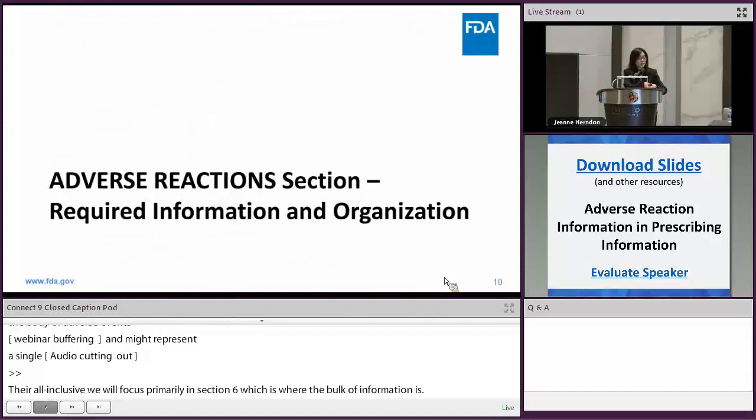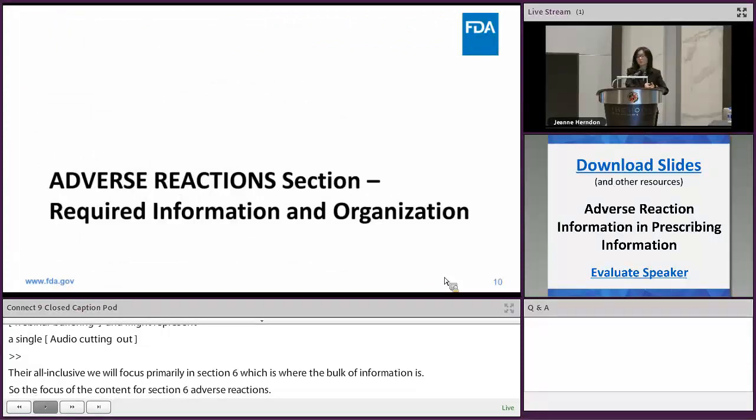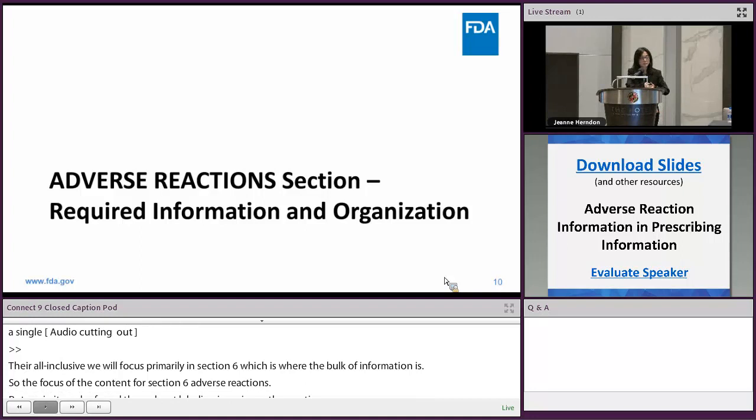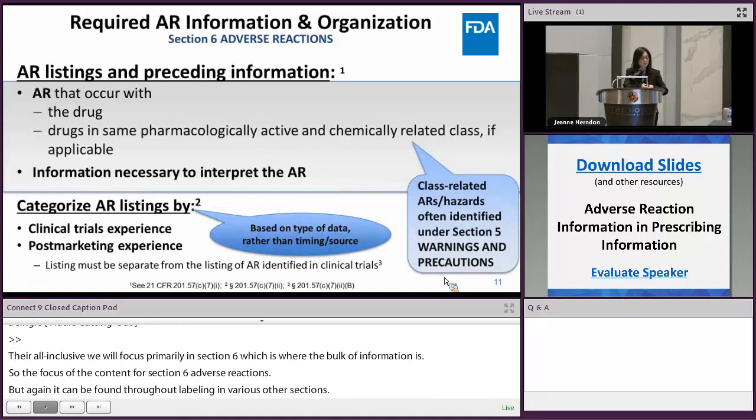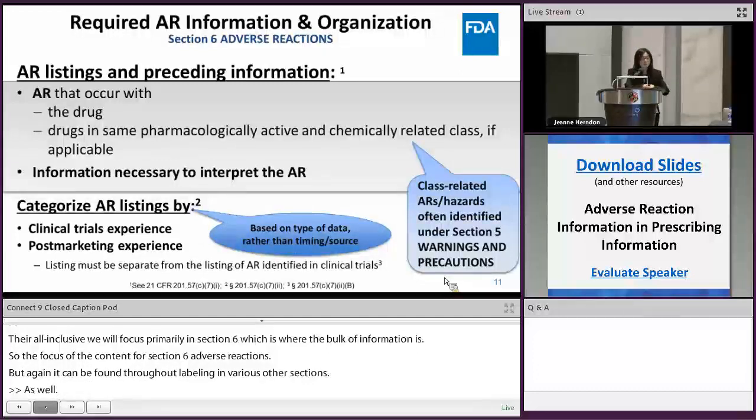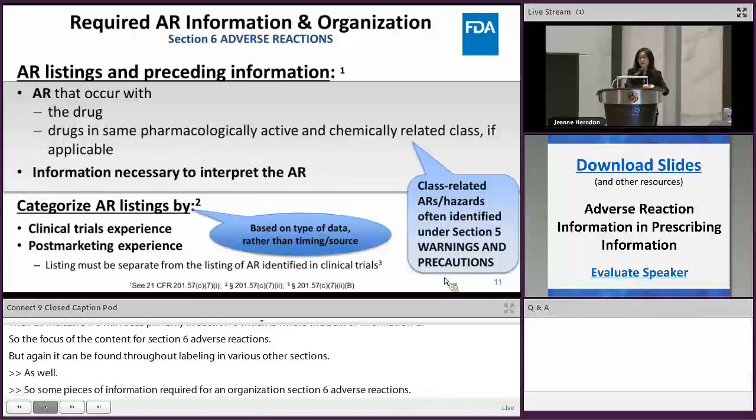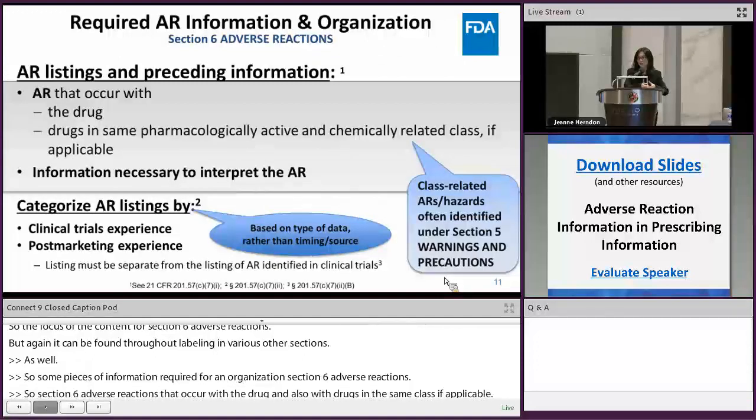Okay, so some of the basics. What are the required pieces of information and requirements for organization of Section 6, Adverse Reactions? So Section 6 has to list the adverse reactions that occur with the drug and also with drugs in the same class, if applicable. You don't always have to report adverse reactions for all the other members of a drug class if it's not necessary to do so.